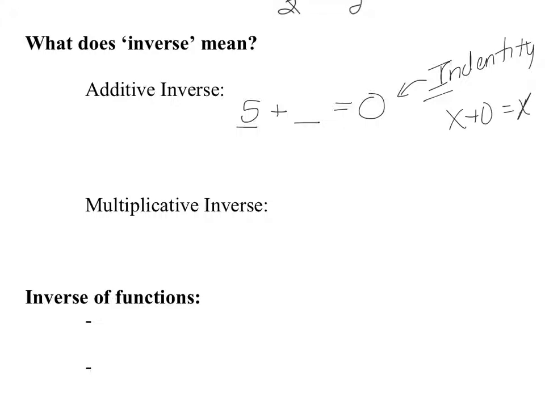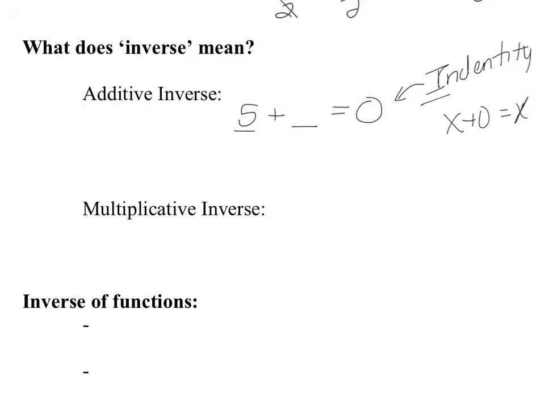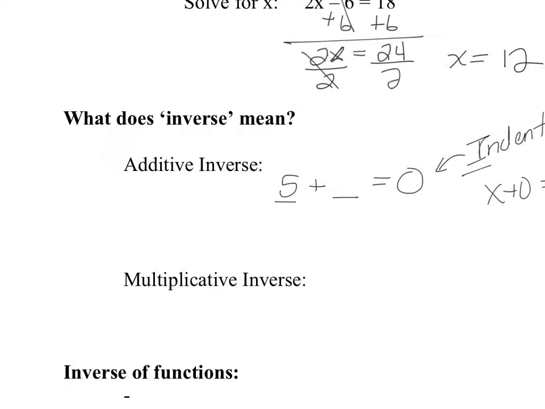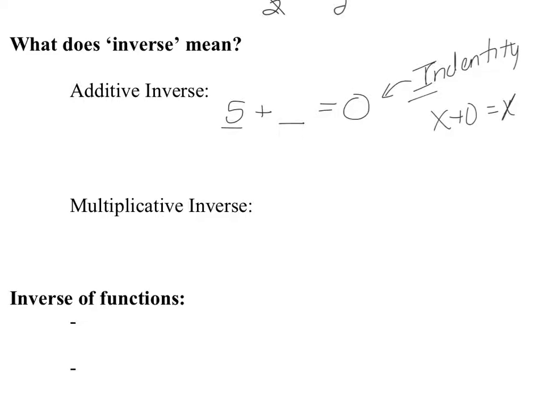It keeps its identity. So what could we add to 5 to get 0? Well, it's the inverse of it. It's -5. So that means 5 and -5 are additive inverses of each other.